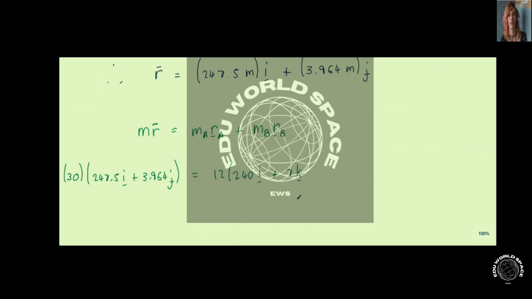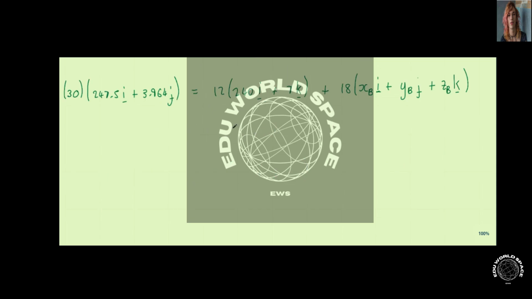So that's 240 in the x direction and 7 in the z direction, plus the mass of B, which is 18 kg, times its x position times unit vector i plus its y position times unit vector j plus its z component times unit vector k. And so if we solve this component by component, we get the following.